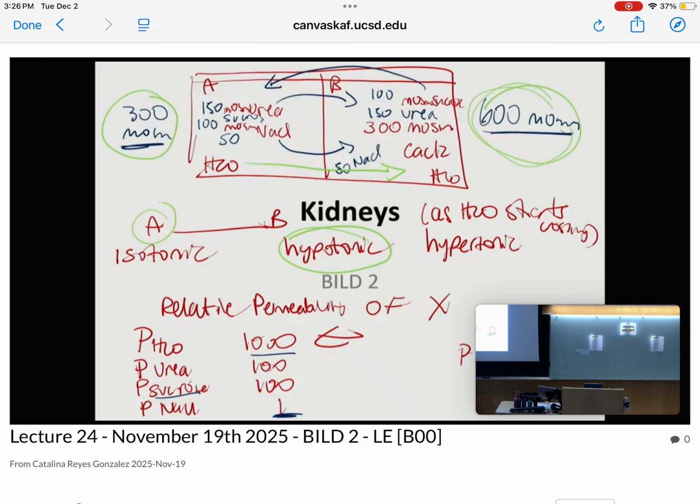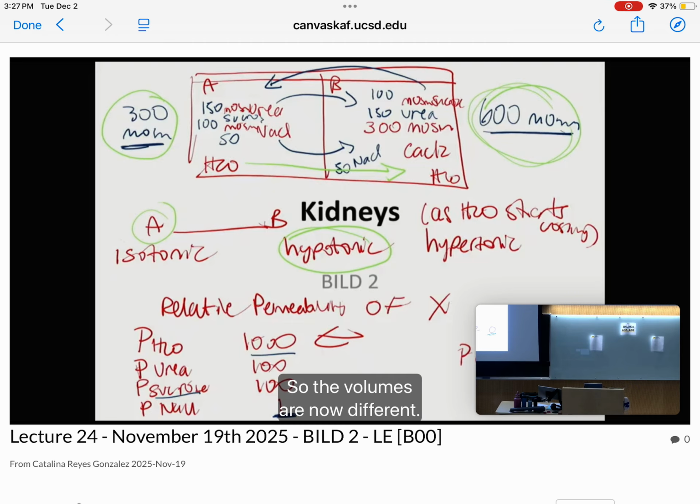But B is now hypertonic, and that's what caused that movement of water, until you reach equilibrium. So now the volume in B is going to be higher than in A because water moved. But that was because tank B is hypertonic to A, and you reach that new equilibrium.